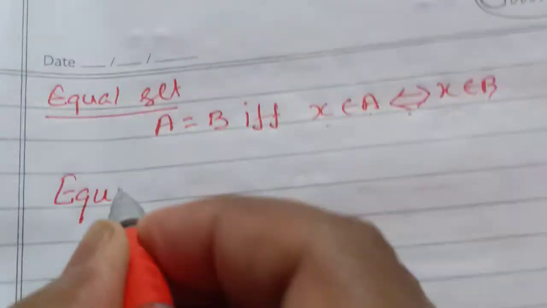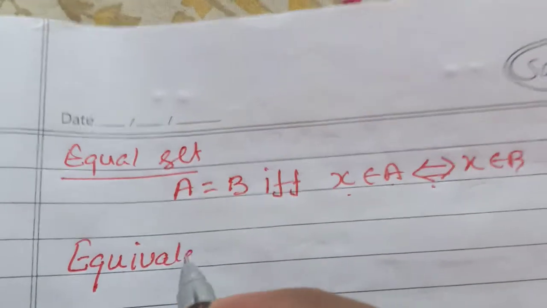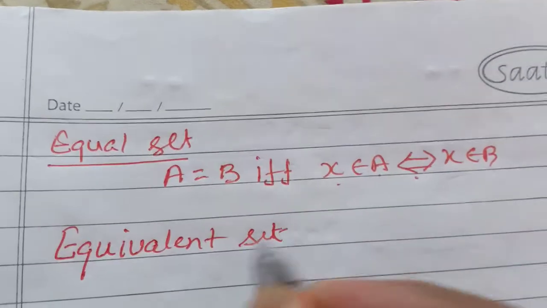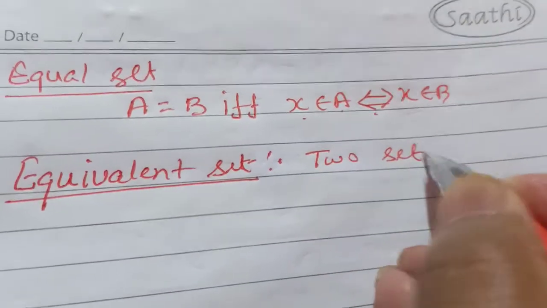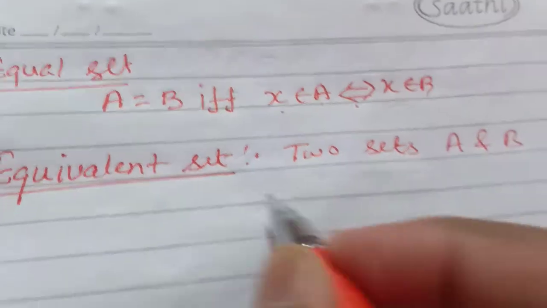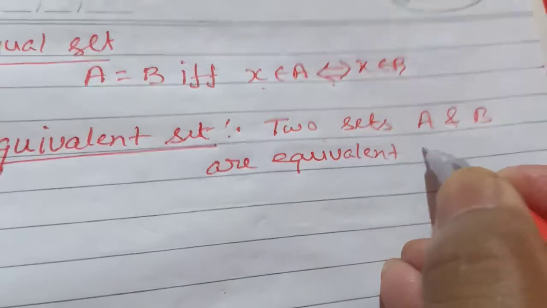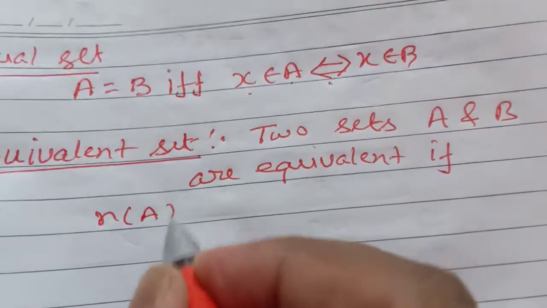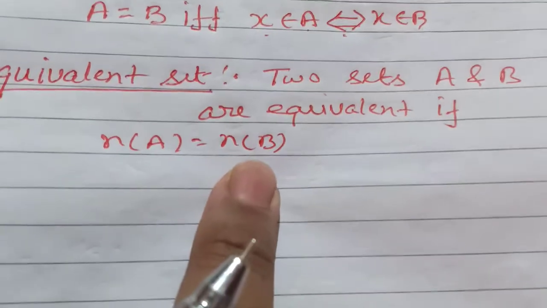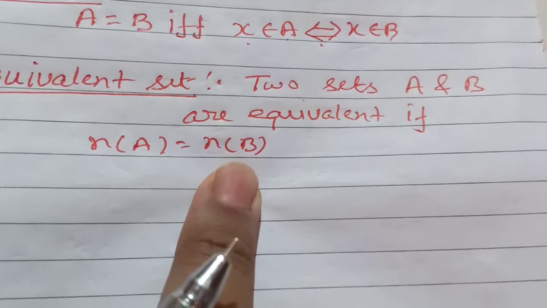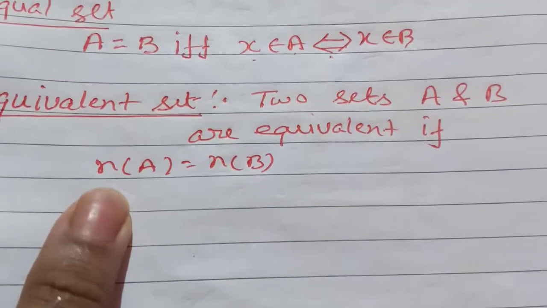Equivalent set. Two sets A and B are equivalent if n of A is equal to n of B. It means the number of elements in A and the number of elements in B are both equal. Elements may be different, but the number of elements of both sets are equal.